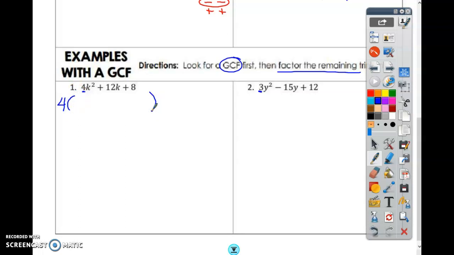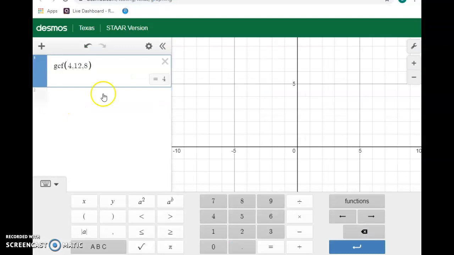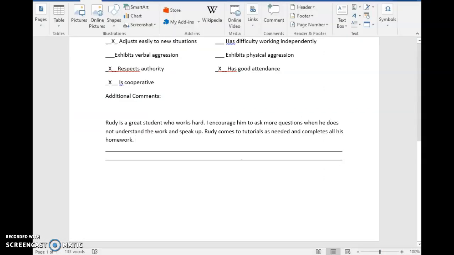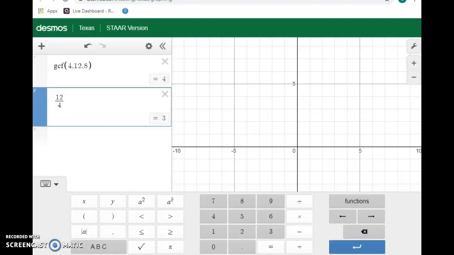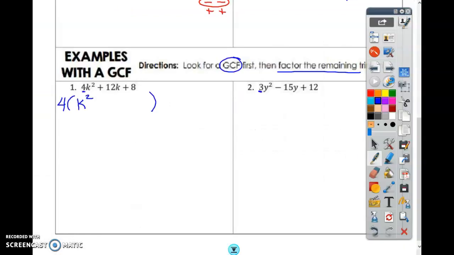Write it down. If I take out a 4 here, I'm left with k squared. If I take out a 4 here, 12 divided by 4, I'm left with a 3. So positive 3k.